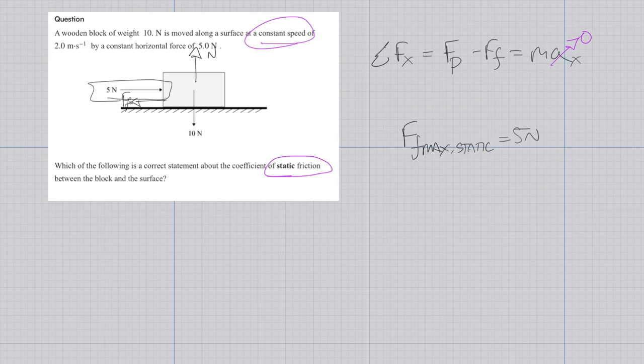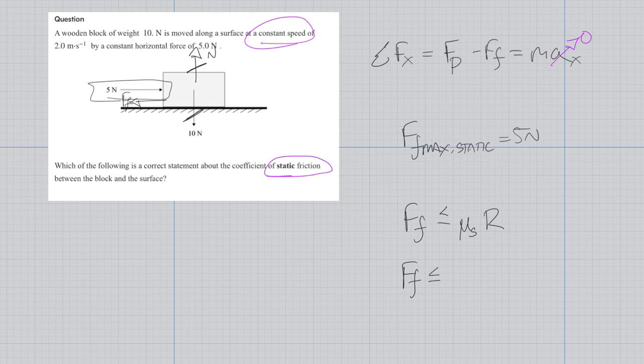So if we were to take the equation for the force of friction for something that is static, it's less than or equal to the coefficient of static times the reaction force, which in this case is my normal force. And my normal force is going to equal my force of gravity because those two forces cancel out.